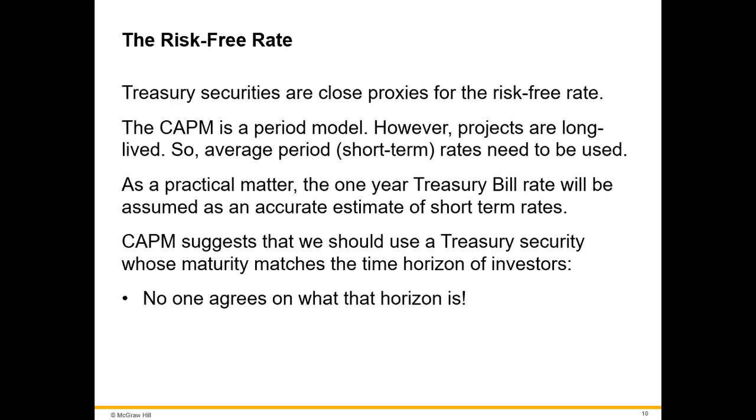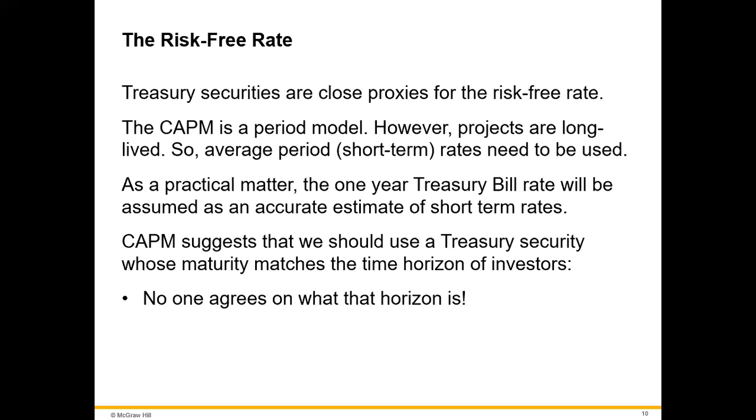So companies will generally use that for short term, and they'll use a longer term Treasury rate for longer maturities. What they'll do is they'll say, how long is my project going to be? What is the rate on a Treasury bill that's similar to that length of time? So projects are long-lived, so average period short-term rates need to be used. But as a practical matter, the one-year Treasury bill rate will be assumed as an accurate estimate of short-term rates.